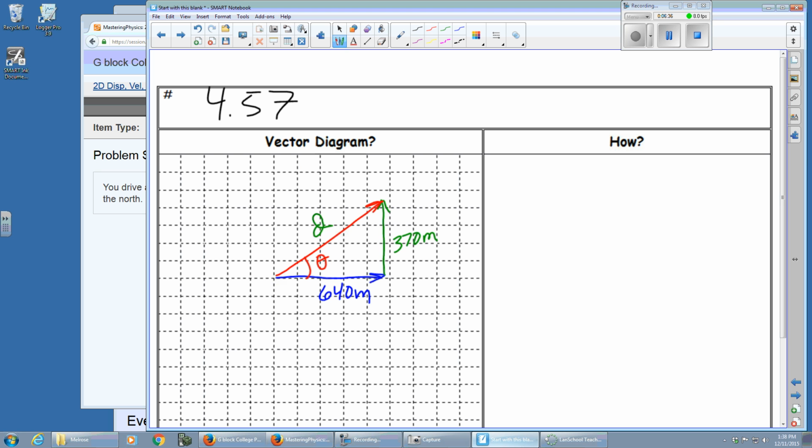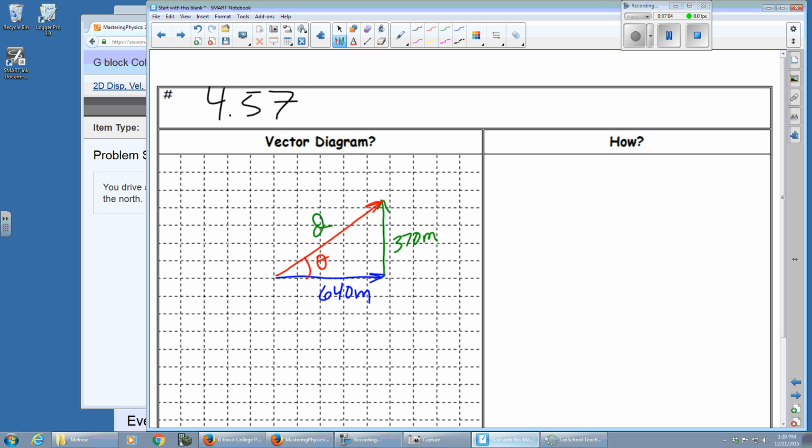As long as I know 3 things, and one's an angle and one's a side, I'm guaranteed to be able to find the other 3. Do I know 3 things about this triangle? Yes. I know 2 sides and 1 angle. So I'm guaranteed to be able to find out everything I want to know about this triangle. It's just a little reassurance.